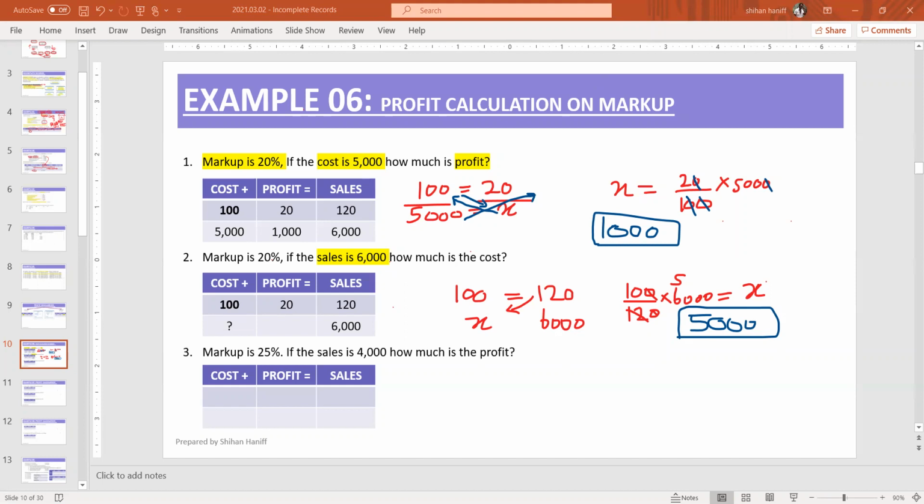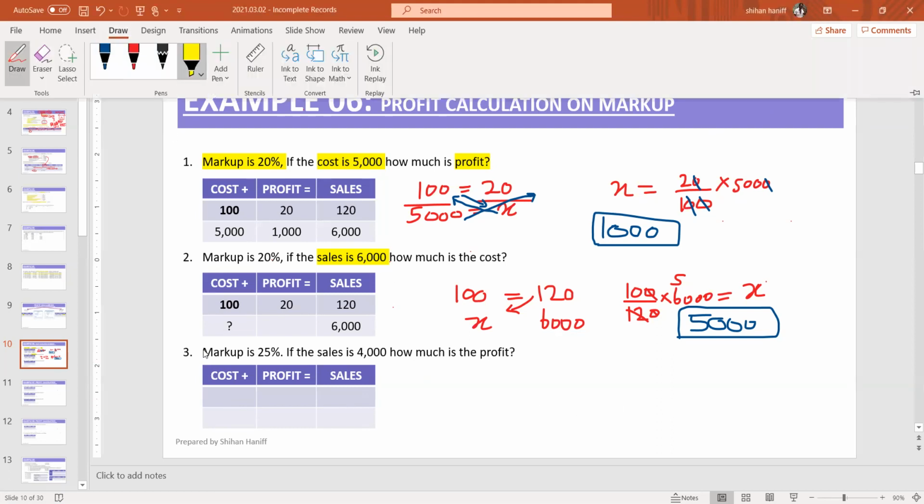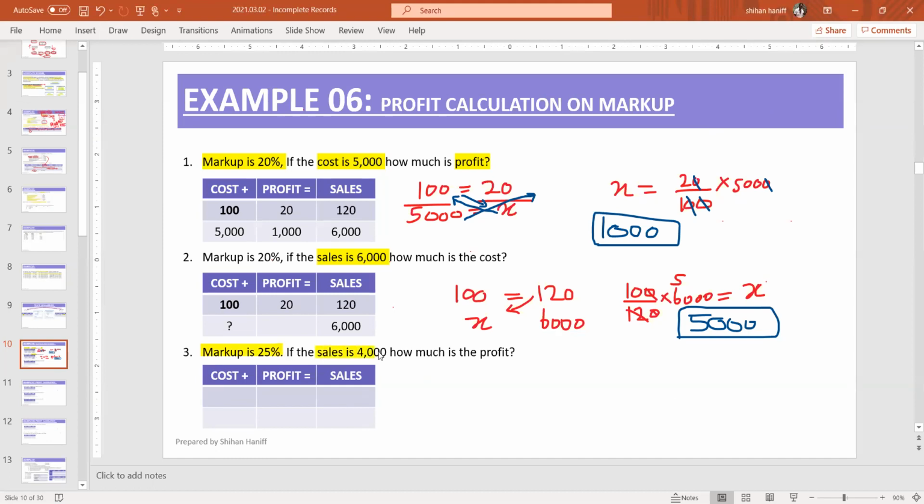So I feel still most of you have the confusion. Only a few have given the correct answer. All others gave wrong answers. So do the third one. Before I explain, can you tell me how much is the profit? Markup 25%, sales 4000. What is the profit?